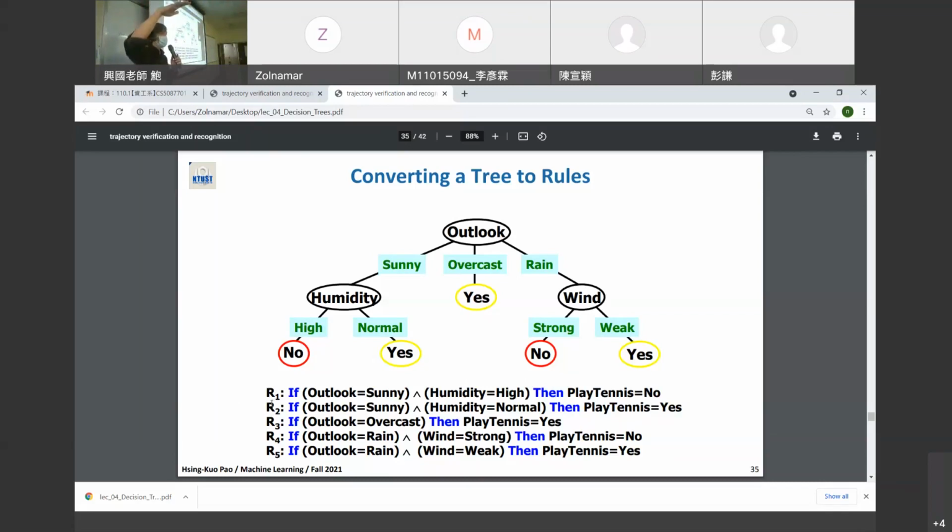We check it at the very beginning, then move on to other minor rules, more like exceptions. So that's how to convert the tree to rules.